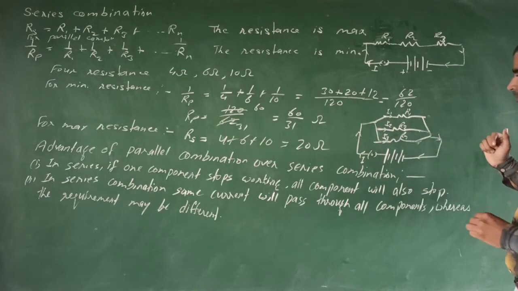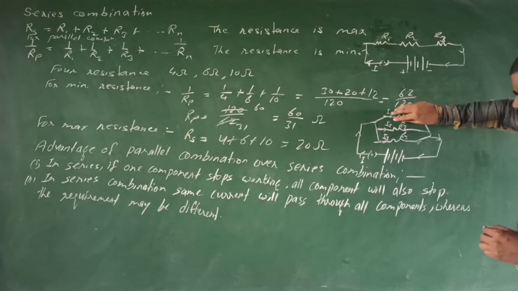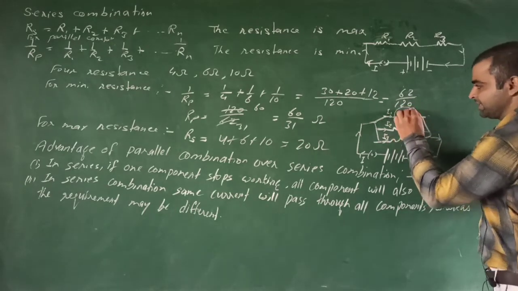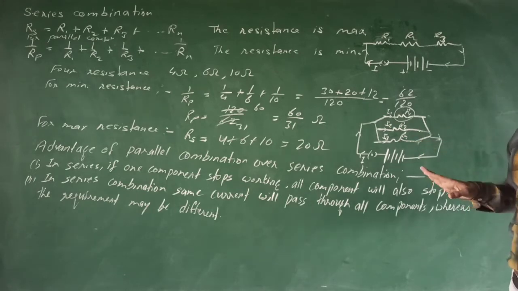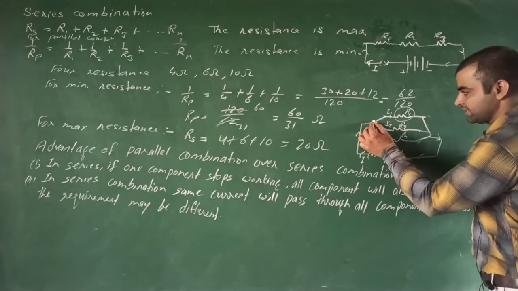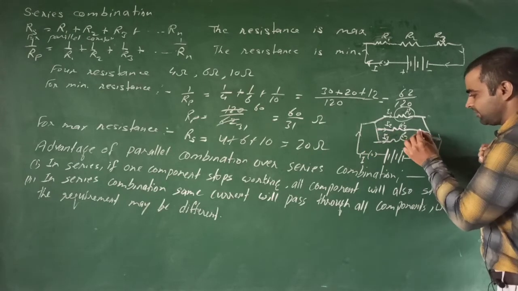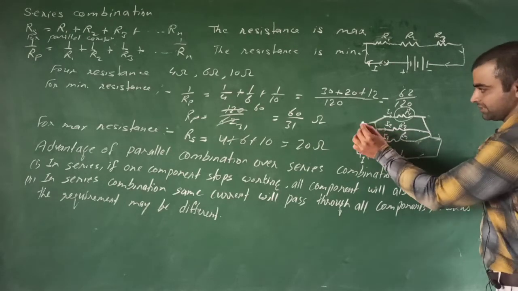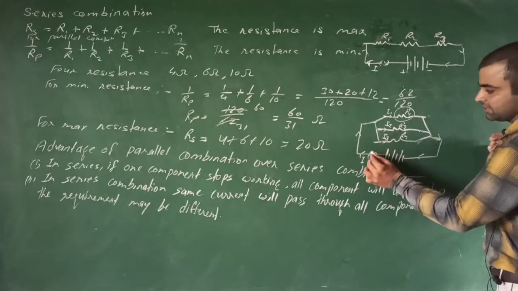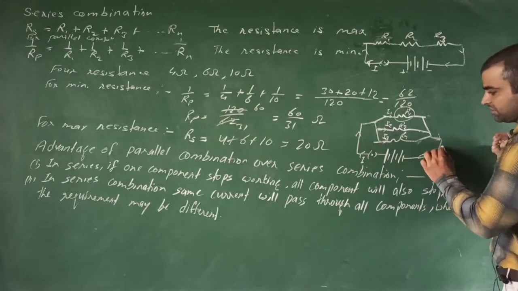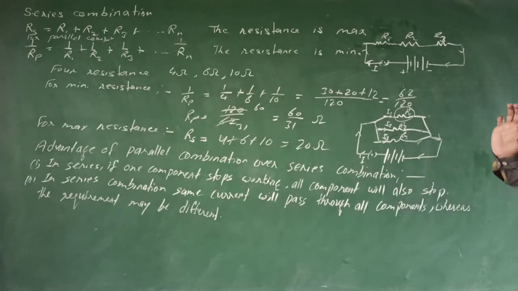If one of the components stops working, then the others will not stop working because the circuit is complete for the other components. The circuit from positive to negative is complete. Is it clear?